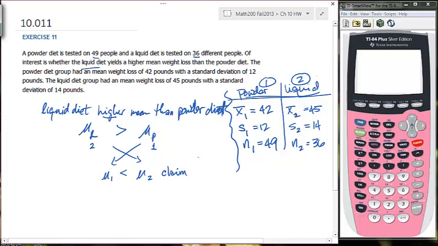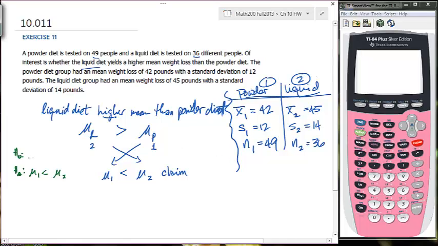Okay. If we put it all together now, let me switch pens here. As a hypothesis test, we need a null hypothesis and an alternative hypothesis. And this claim here does not contain a condition of equality, so this will automatically go to our alternative hypothesis. There's no equal sign here, it's a strictly less than symbol.